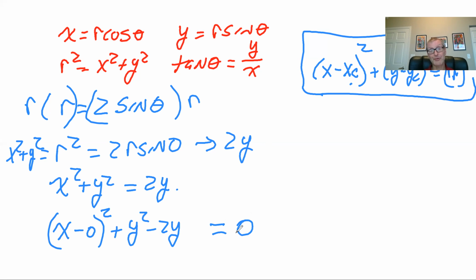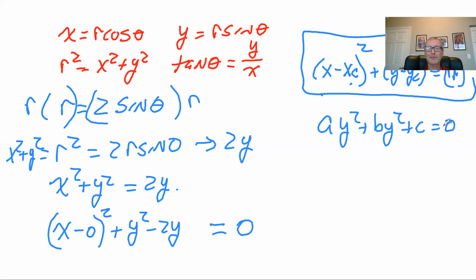And so to finish this, to get the equation of the circle, we want to do something we called, back in the algebra days, completing the square. And when you complete the square, if you remember, it was let's say y squared plus by plus c equals 0, right?